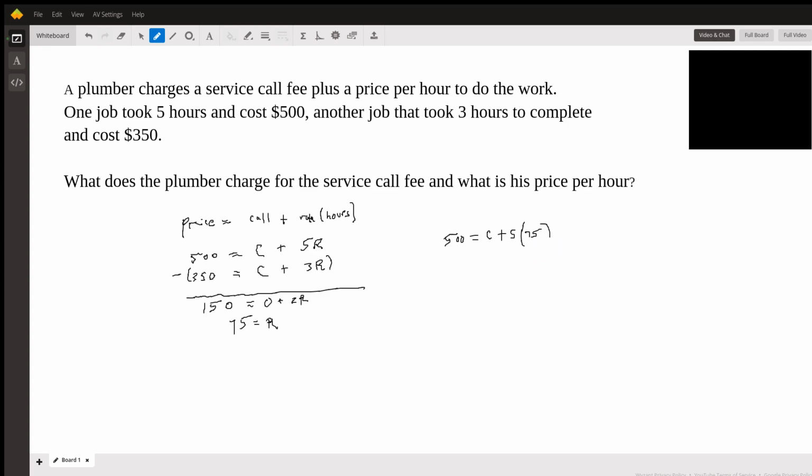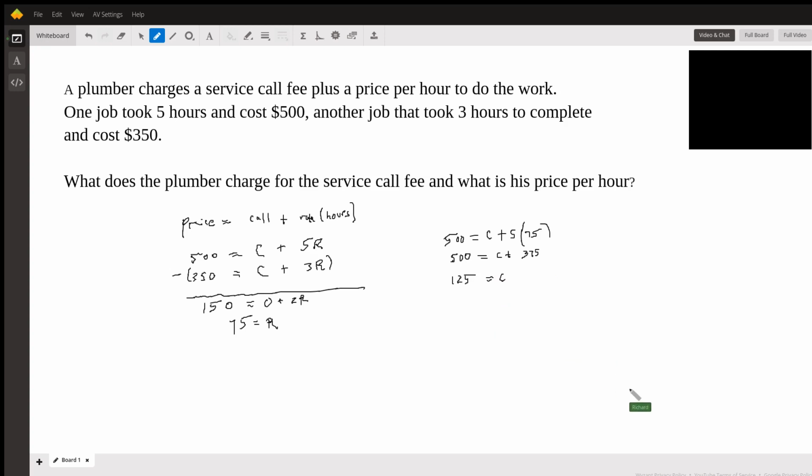Okay, go on my calculator here. 5 times 75 is 375. And so C is going to be 125.